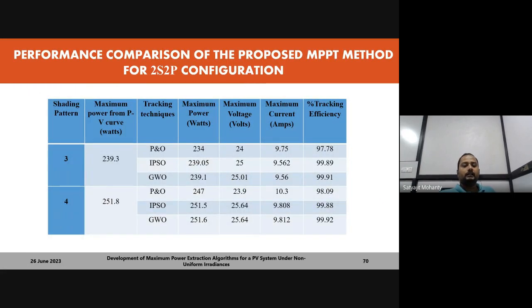Then coming to the comparison part, you can clearly see that in such a system also the GWO is giving better performance and is able to track maximum possible power as compared to the conventional MPPT tracking techniques.